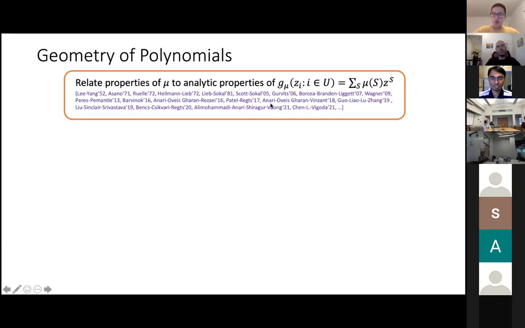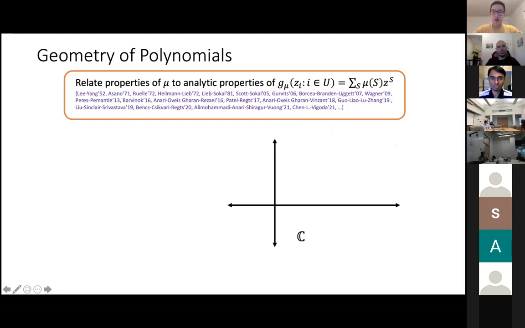Then what you want to do is relate nice analytic properties of this generating polynomial to the probabilistic and combinatorial properties of your distribution. Let me illustrate a few examples of this kind of approach.